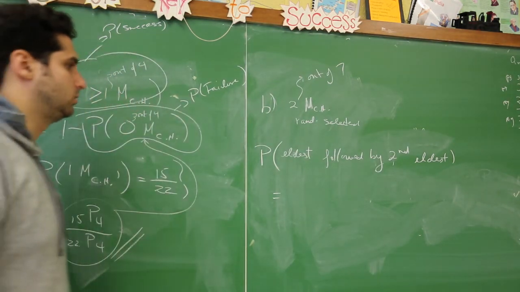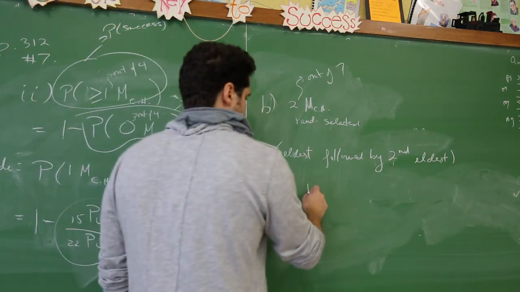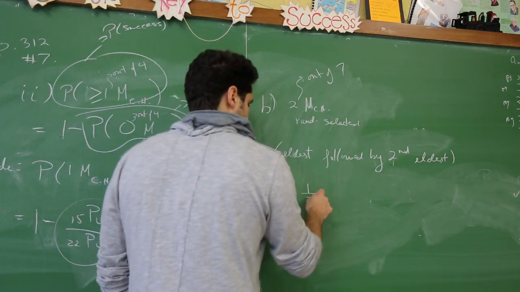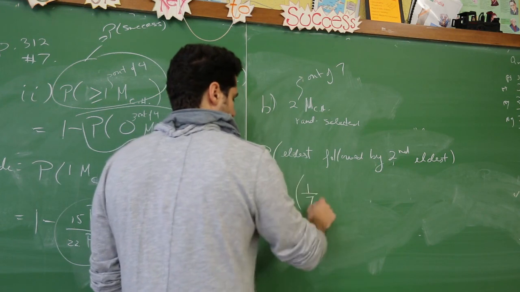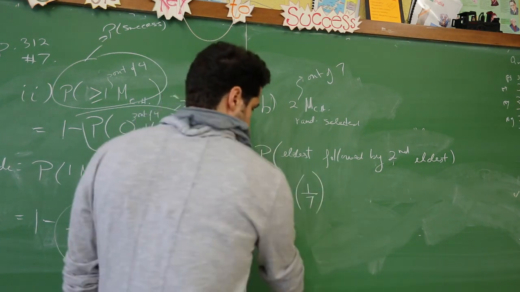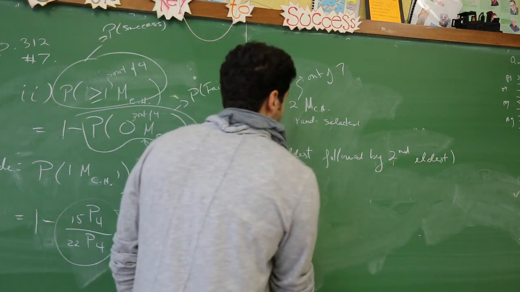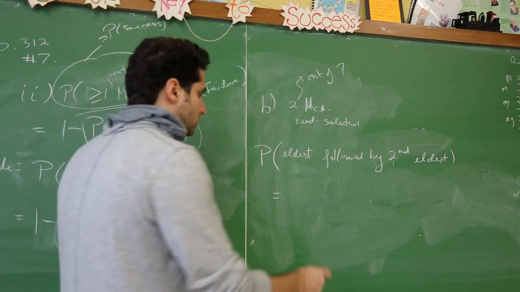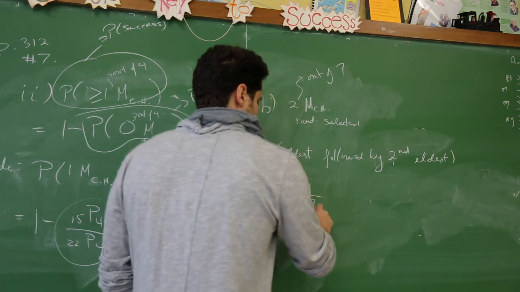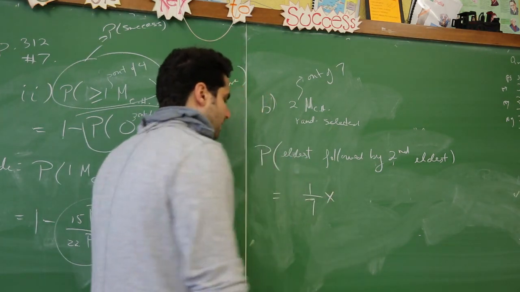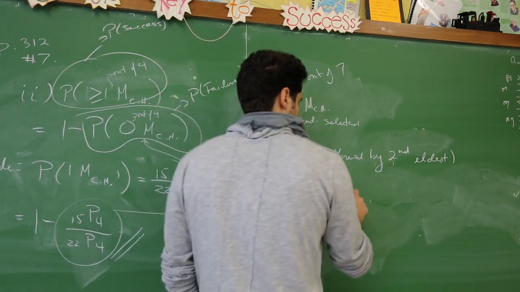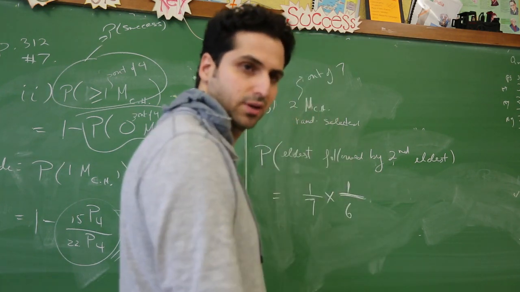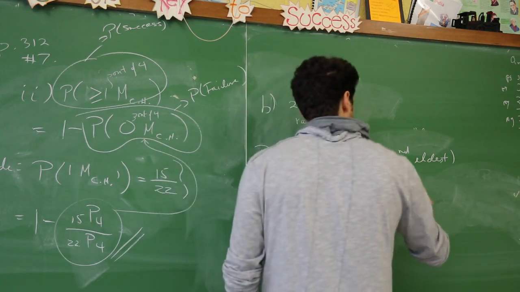So you have a 1 in 7 chance that the eldest will be selected, agreed? When you choose the first, you have 7 cross-hatched males, and there's only 1 that's the oldest. So you have a 1 in 7 chance that the oldest is chosen first. And then you have a 1 in 6 chance that the second oldest is chosen next. So I say the answer is 1 out of 42.